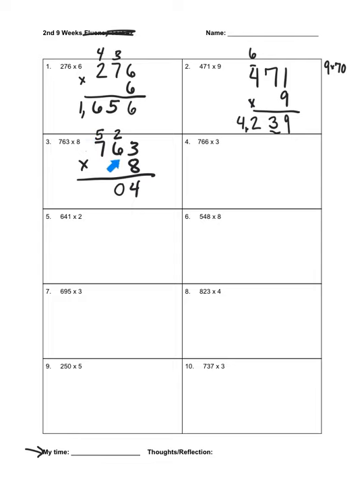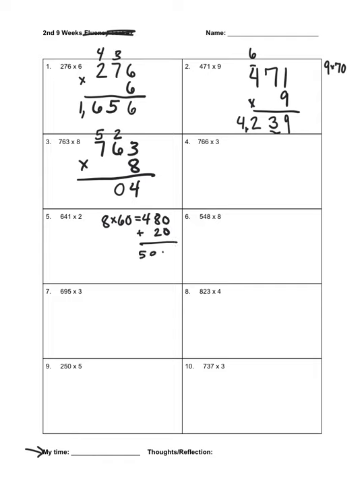When I multiply 8 times 6, since this digit 6 is in the tens place, really I'm multiplying 8 times 60, which gives me 480. And then I added 20 to that, because that's this digit here, the 2.